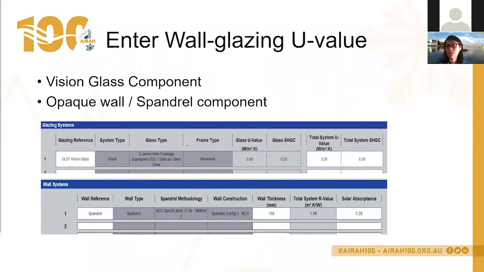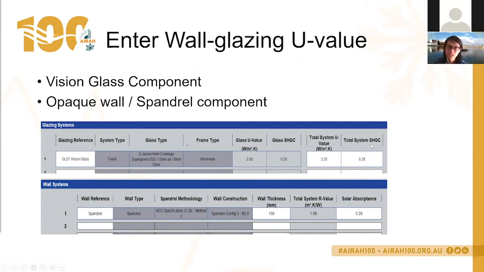So the first thing you need to do is to enter the vision glass component. So you can see that under glazing systems, I've created a glass reference, and I've just selected a double glazing unit with aluminium framing, put in the glass only U value and SHGC performance, and then put in the total system U value and SHGC performance.